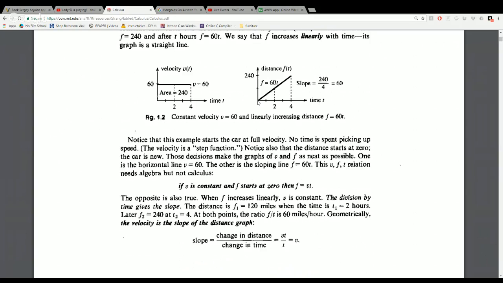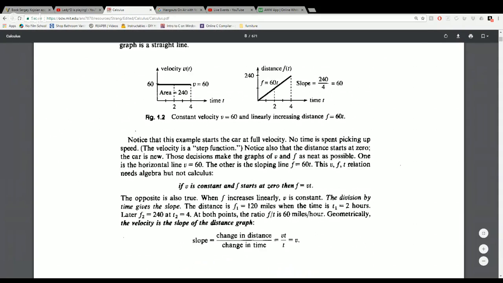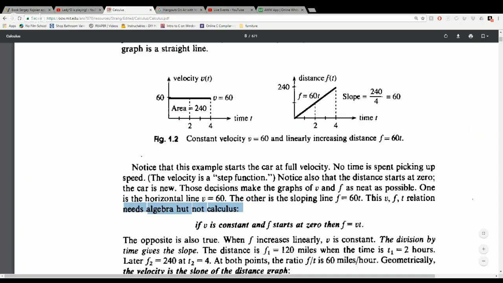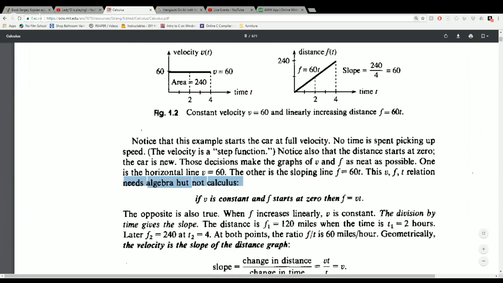One is the horizontal line, the other is the sloping line, f equals 60t. This v, f, and t relation needs algebra, but not calculus, right? 60t, the way we recovered f from v, there was no calculus there. We just did algebra. So, hence, we can make this statement. We can say if v is constant and f starts at 0, then f equals v times t.